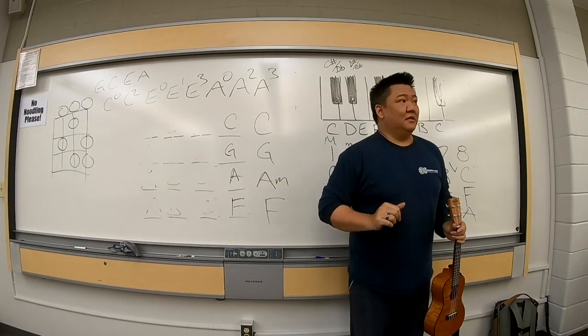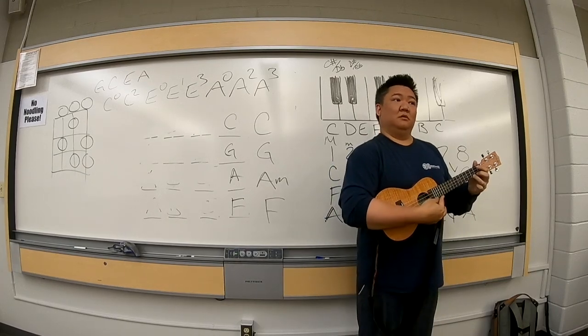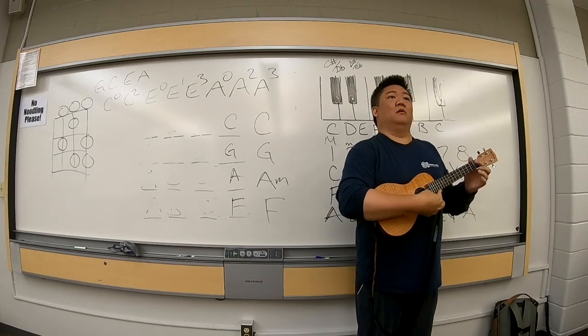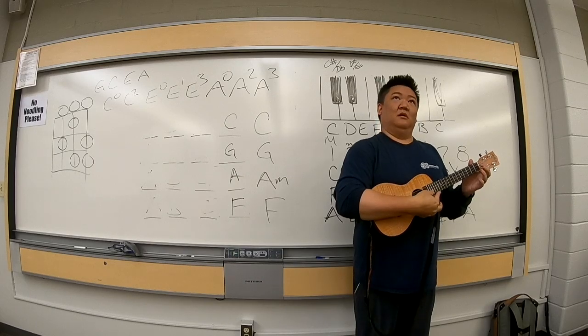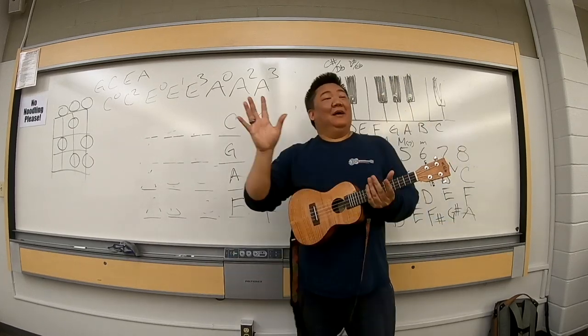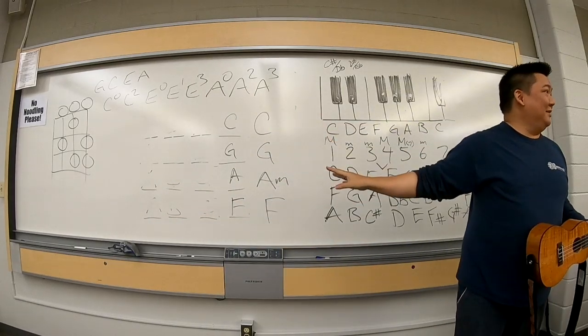Not only that, we could also add different techniques. We can do hammer-ons. We can do pull-offs. We can do slides. I forgot. But again, all the things that you've been learning, now you have a place to actually practice them.